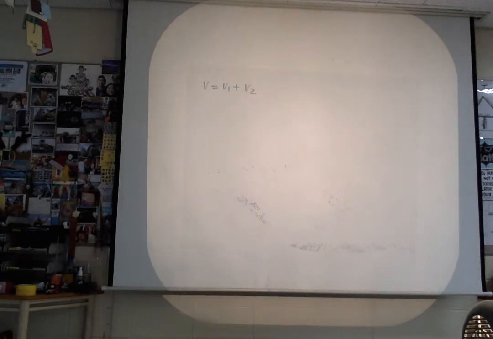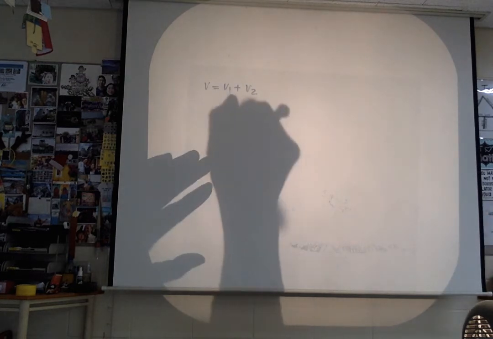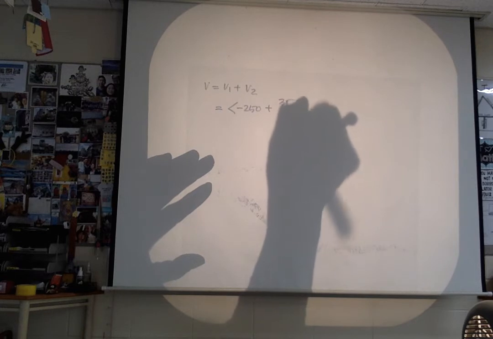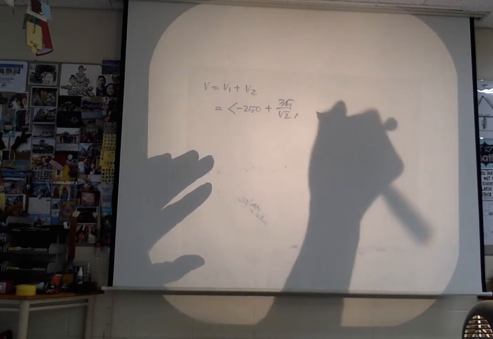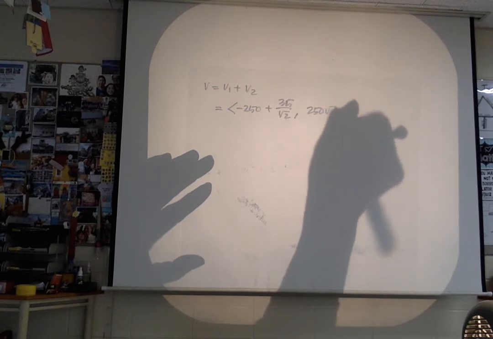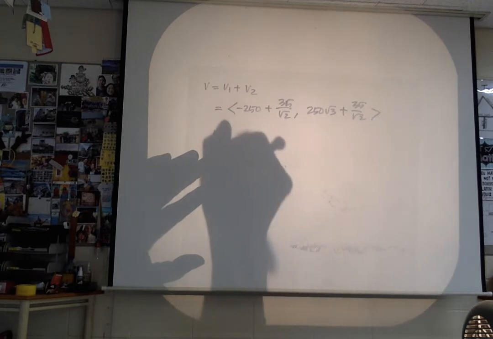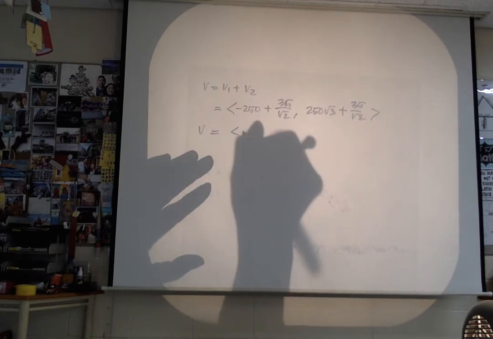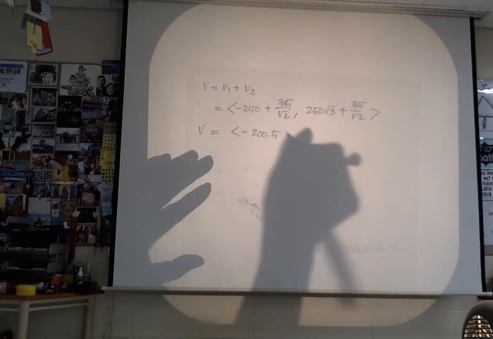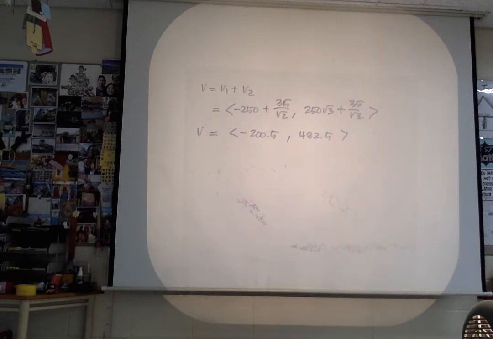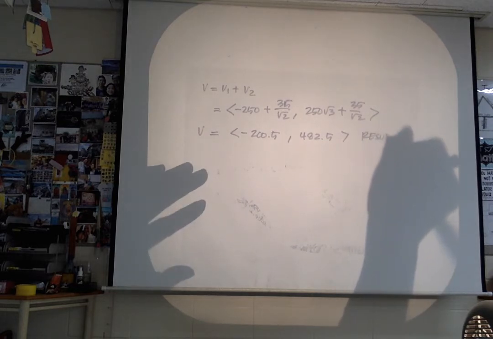So our vector is going to be negative 250 plus 35 over root 2, comma, because that's from each of the horizontal and vertical vectors, 250 root 3 plus 35 over root 2. When I compute that, I get something like negative 200.5 and 482.5. I shortened it here, but make sure you keep the original values of your calculator. This is our resultant vector.